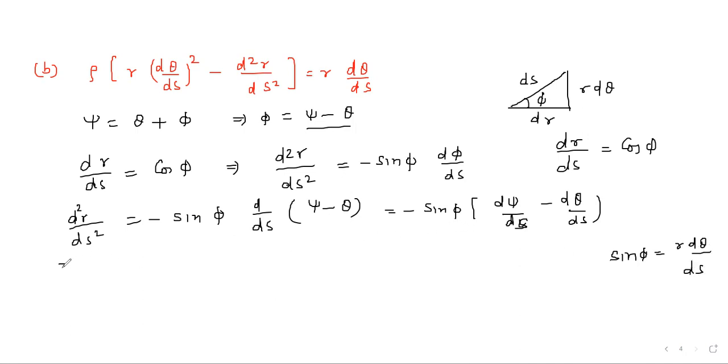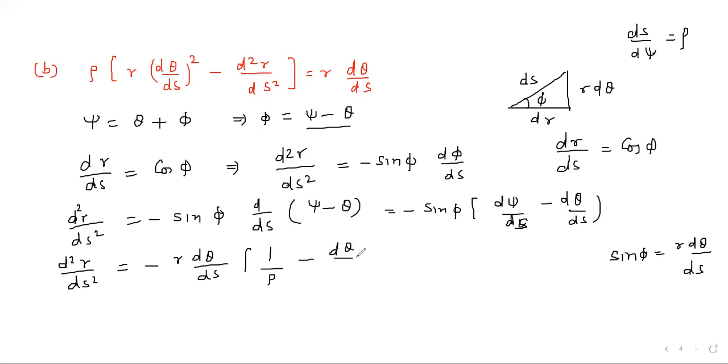So here we write d2r by ds2 equals minus r d theta by ds times d psi by ds, which, remember, ds upon d psi is the radius of curvature, so this is 1 upon the radius of curvature, 1 upon rho, minus the second term d theta by ds.